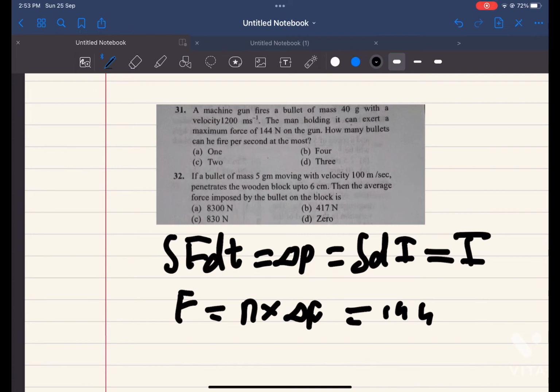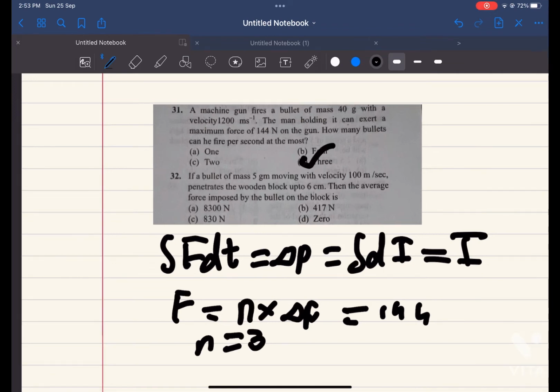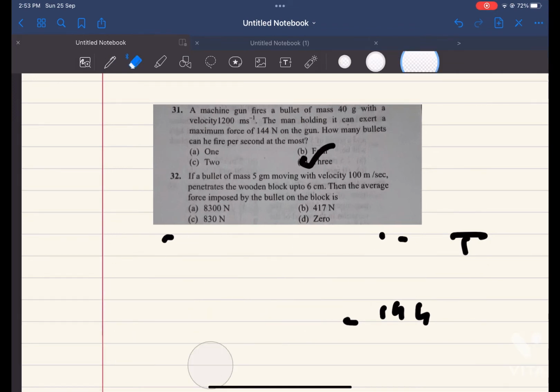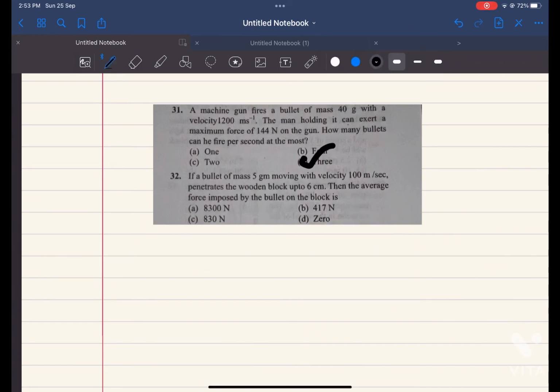The change in momentum is nothing but mass into velocity, which is 40 gram into 1200 meters per second, which is 40 into 10 power minus 3 into 1200, which gets 48. So n into 48 is equal to 144, so n comes as 3.